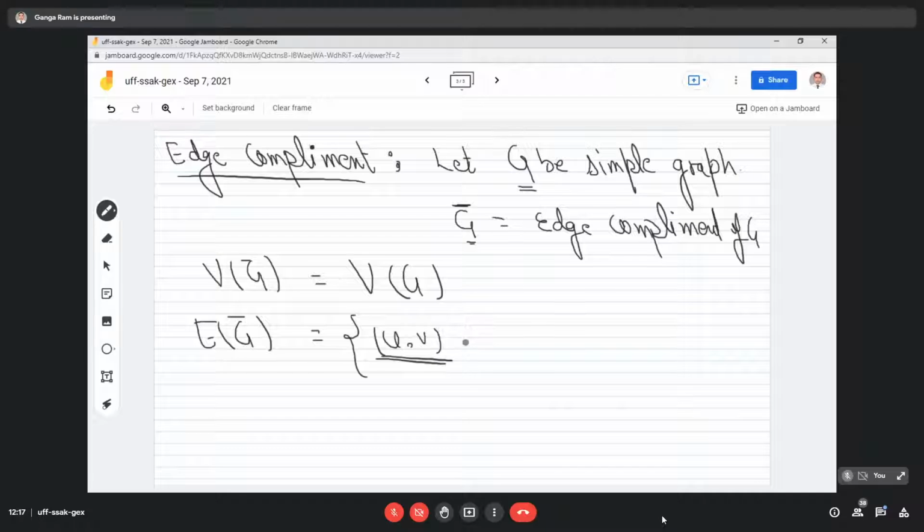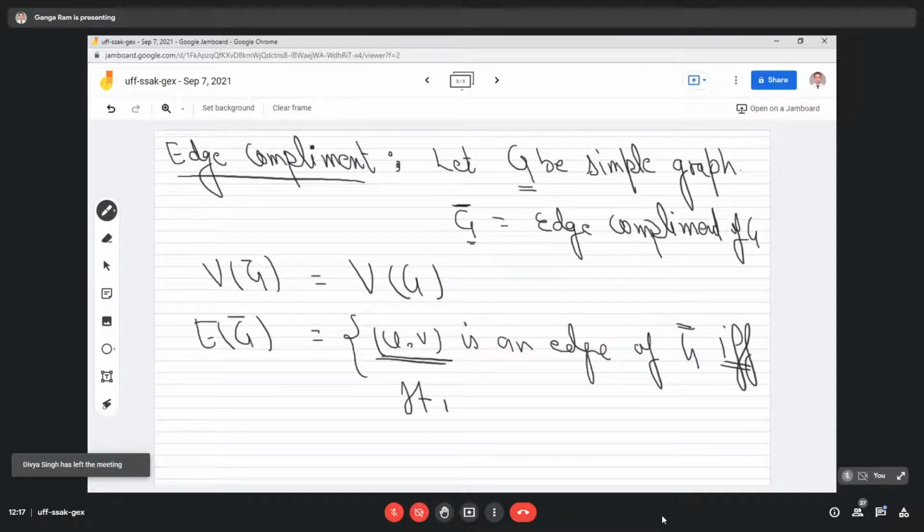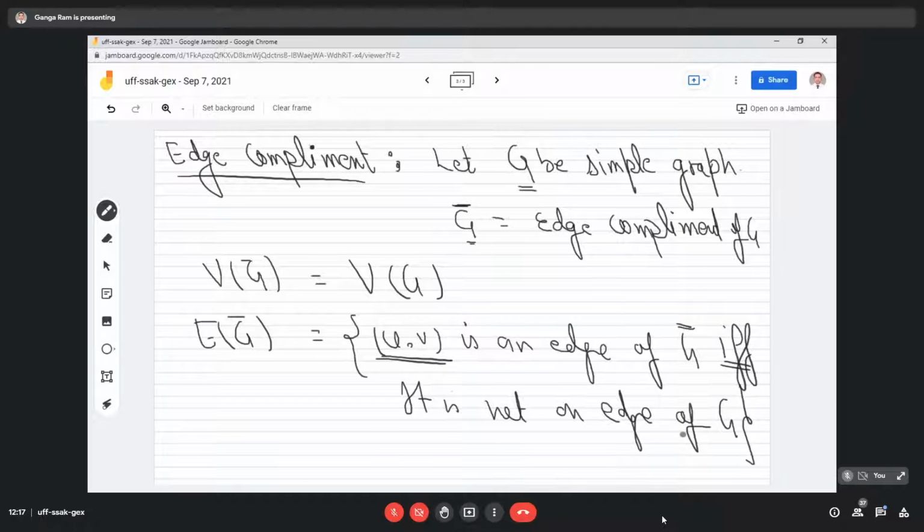UV is an edge of G bar if and only if it is not an edge of G. Got it? I am saying that you will take those edges in G bar which are not in G.